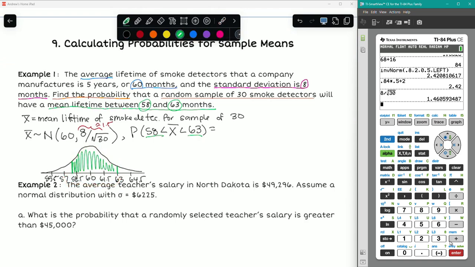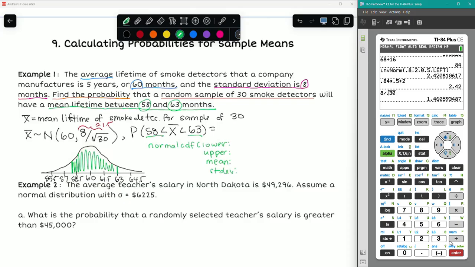To run this, I'm going to do normal CDF, and normal CDF asks me for a lower bound, an upper bound, a mean, and a standard deviation.